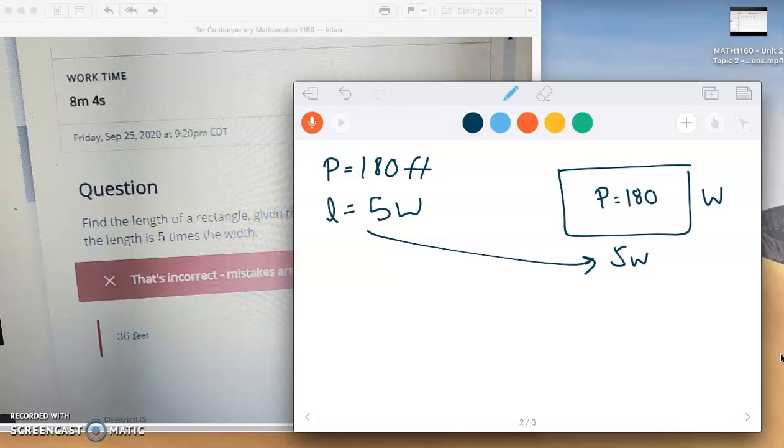So recall that the formula for perimeter is 2 times the length plus 2 times the width. We're given this in terms of W, okay? So let's plug in our knowns from up here into this formula. So we have 180 equals 2 times 5W plus 2W, right?